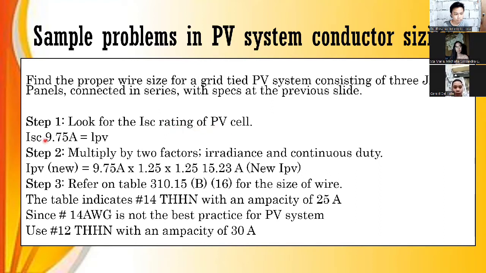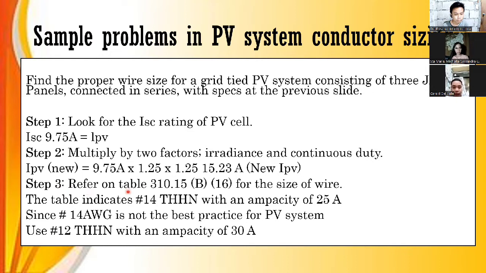The rating is 9.75. Step 2 is multiply by the safety factors, so 9.75 times 1.25 times 1.25 equals 15.23.